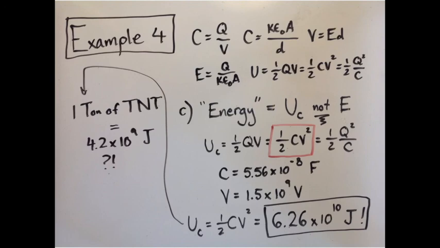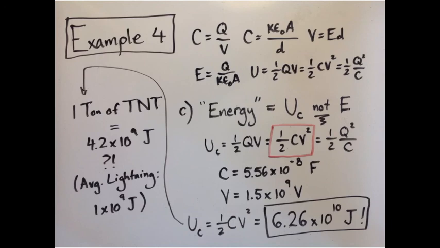Does that seem reasonable? I don't know, maybe. Well, it turns out that same page also says that the average lightning strike is only 1 times 10 to the 9th joules of energy, which is still mind-boggling, right? That's still an actually enormous amount of energy, which is why a lightning strike will absolutely shatter a tree. But typically a lightning strike doesn't do the same amount of destruction as a ton of TNT.